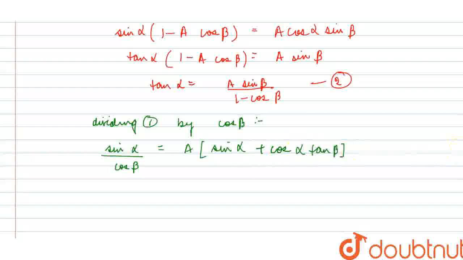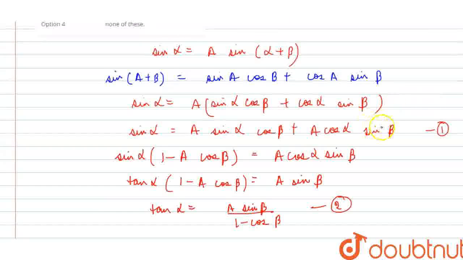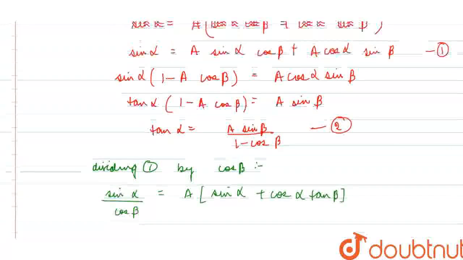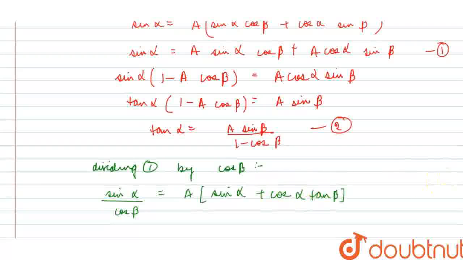How tan beta? Because it was sine beta already here, so sine beta upon cos beta is tan beta. So cos alpha tan beta.